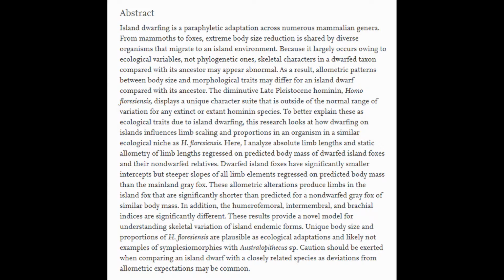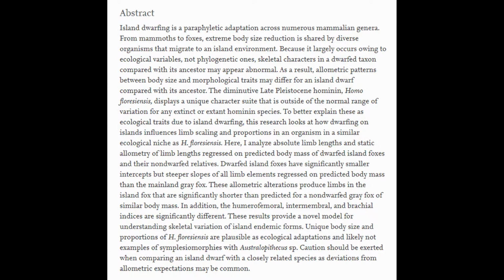Island dwarfing is a paraphyletic adaptation across numerous mammalian genera. From mammoths to foxes, extreme body size reduction is shared by diverse organisms that migrate to an island environment.